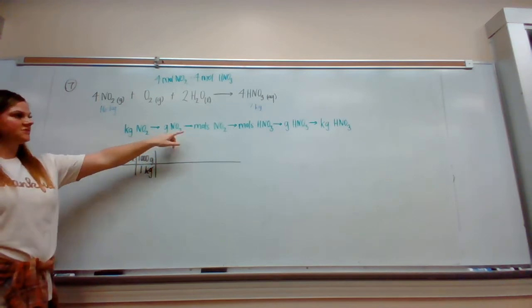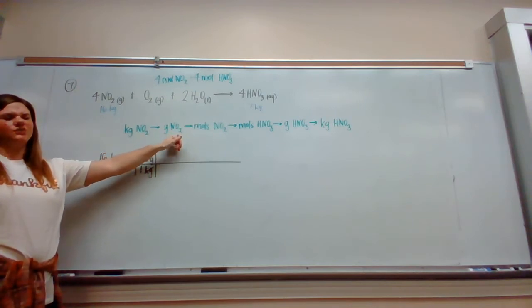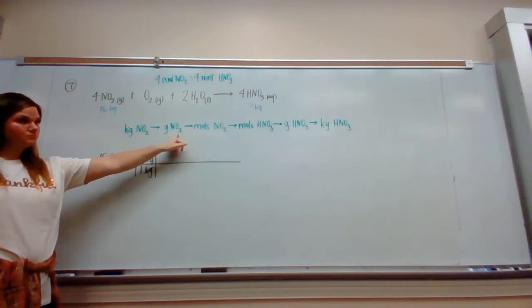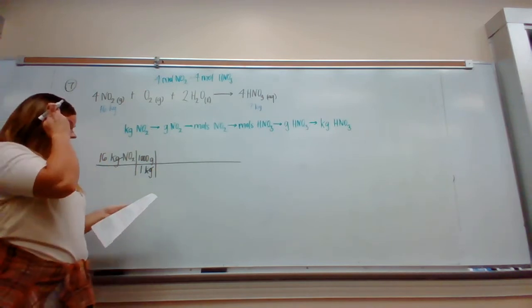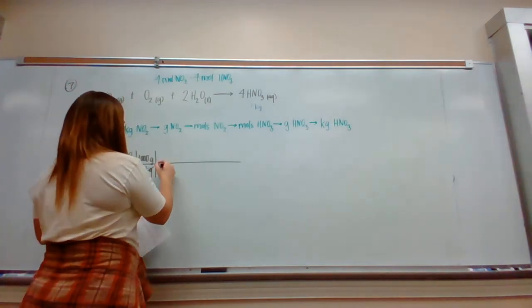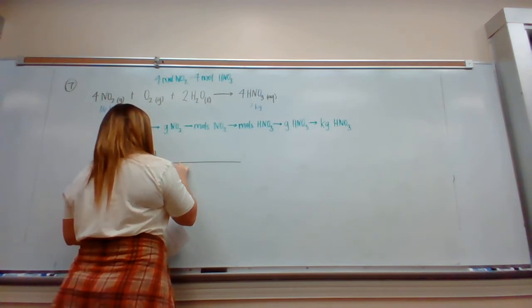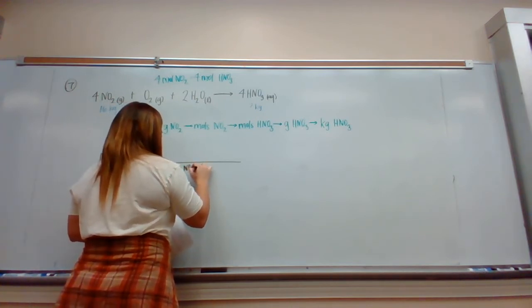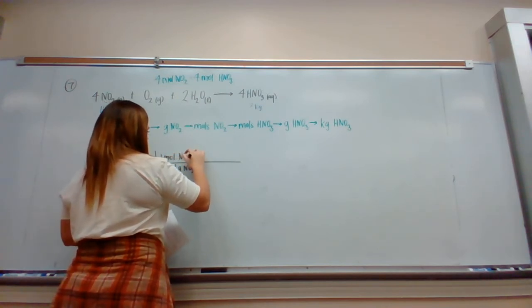Then I go grams to moles. So I've got to find NO2's molar mass. That's nitrogen plus 2 times oxygen, and that'll give me 46.01 grams NO2 per 1 mole of NO2.